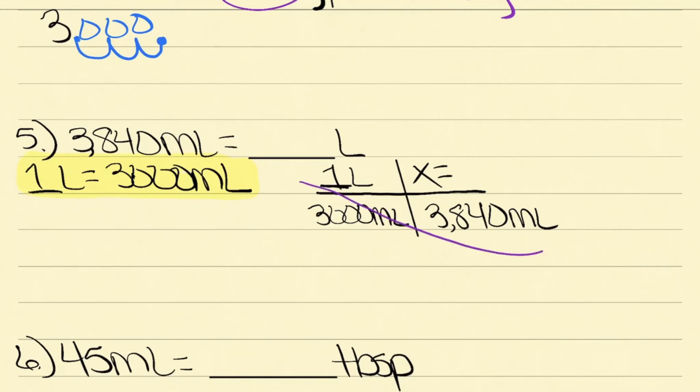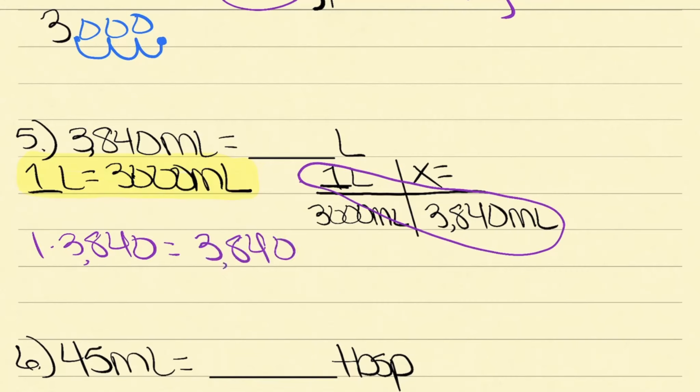Cross multiply. 1 times 3,840 is 3,840. Dividing by the only thing that's left, which is the 3,000. I'm sorry, guys, that didn't make sense.